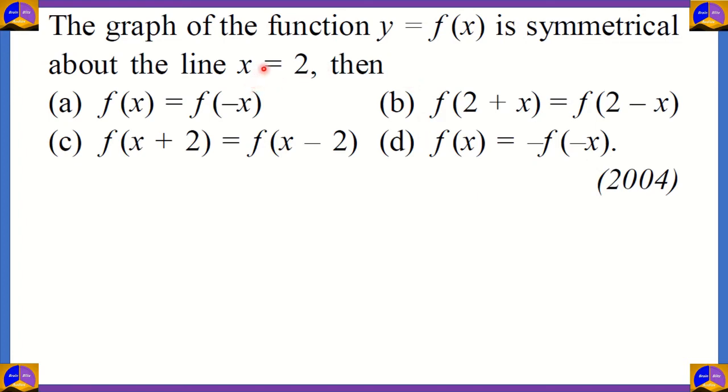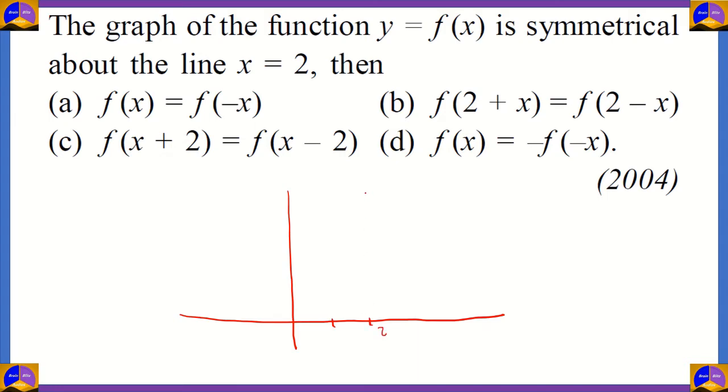Now in this question, the condition is that the graph of the function y equals f of x is symmetrical about the line x equals 2. So suppose we have a graph, and let's consider this is x equals 1 and this is x equals 2.